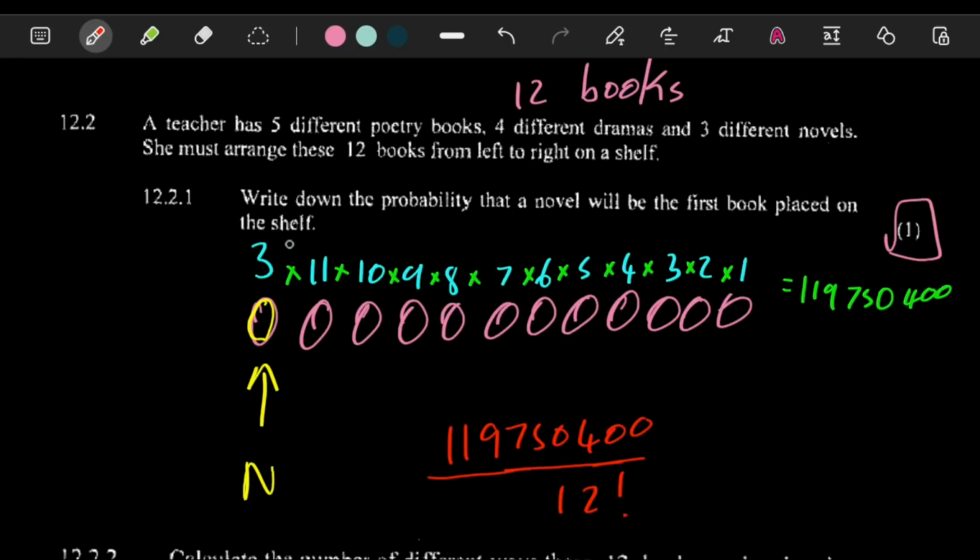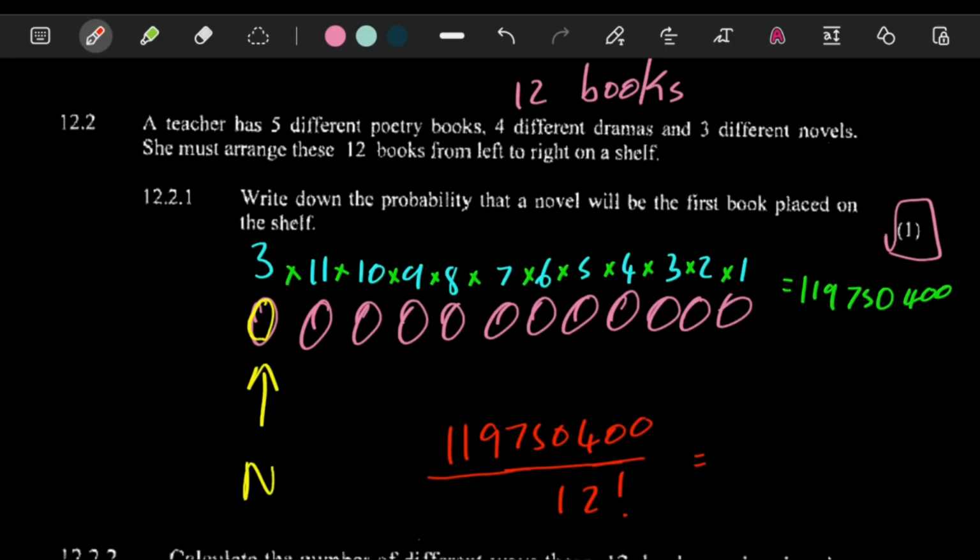The numerator is always going to be the scenario that satisfies the question that they're asking. Write down the probability that a novel will be the first book. So you work out how many arrangements have the first book as a novel. You get that, and you put it over all the possible arrangements. The reason why all the possible arrangements is 12 factorial is because when you have no restrictions, here you have 12 options, and then when you put one there, you have 11, and so on. That's why it's 12 factorial total options.